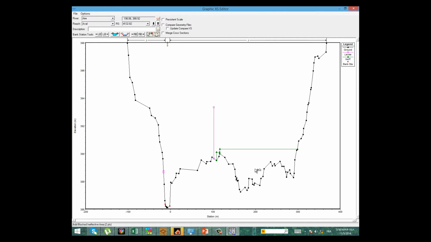So this one is ineffective. Although when the water fills up to this level or above the elevation of this ineffective area line, it may use this canal again as a flowing stream, we can make this one permanent, so it will never fill.